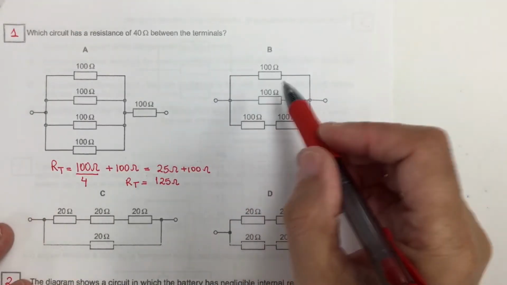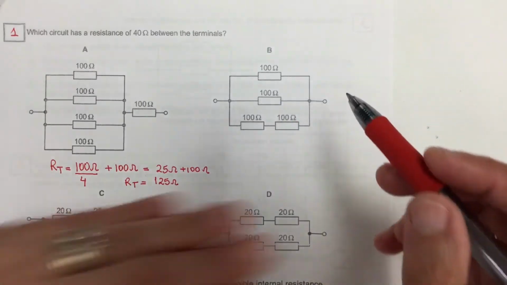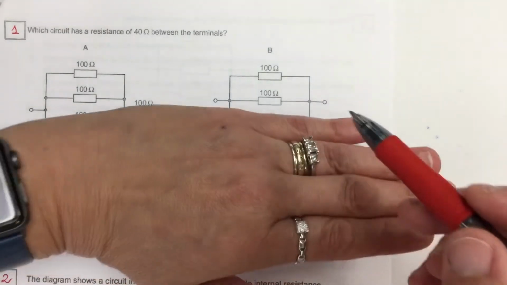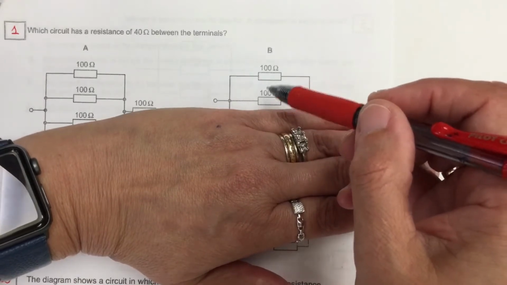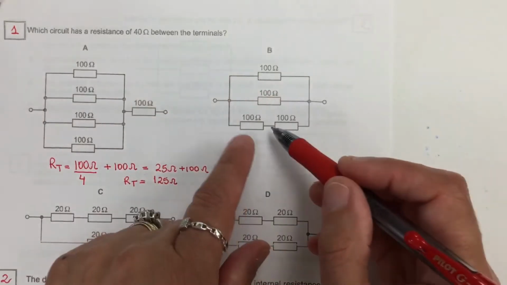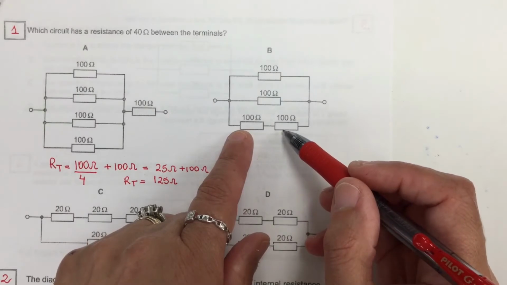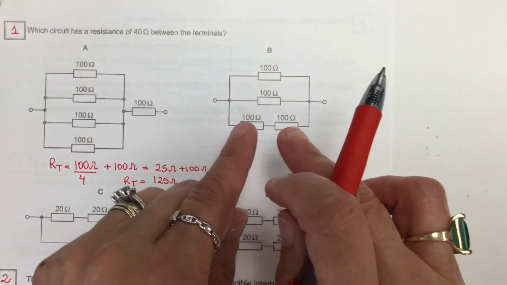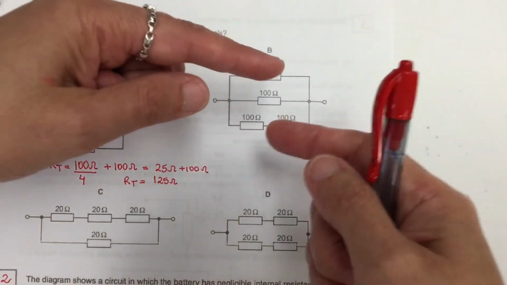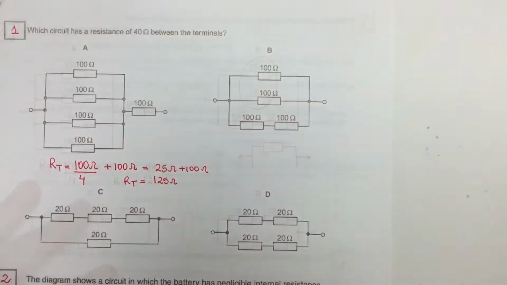B. To simplify this, you can look at this network: two resistors in parallel, and the result in parallel with those two in series. So let's do it by section. Two in parallel and two in series, and the results in parallel with each other.